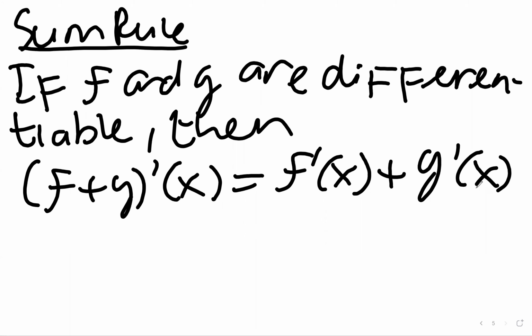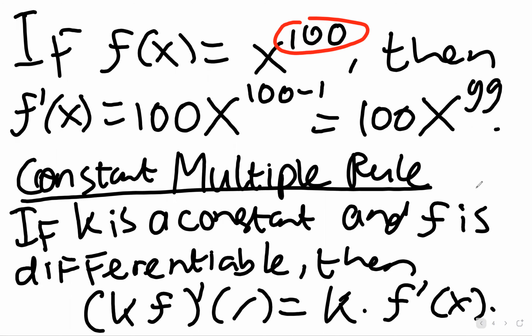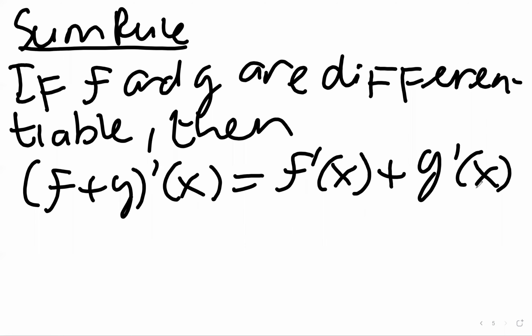So (f plus g) prime of x equals f prime of x plus g prime of x. In other words, the derivative of the sum is the sum of its derivatives. Of course, you may combine the constant multiple rule with the sum rule here.